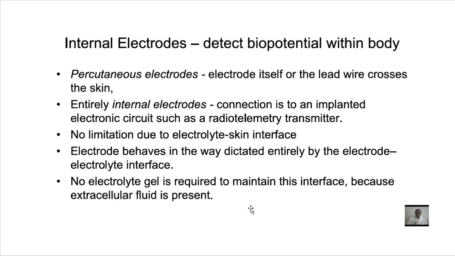That's why this is called internal electrode. It is also called deep-seated electrode. In entirely internal electrodes, the connection is to an implanted electronic circuit such as a radio telemetry transmitter.